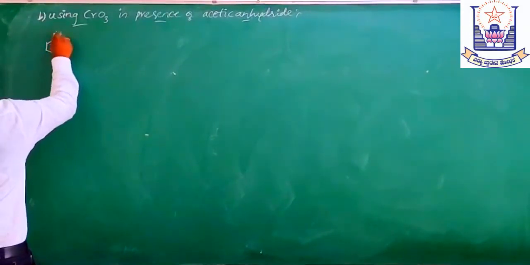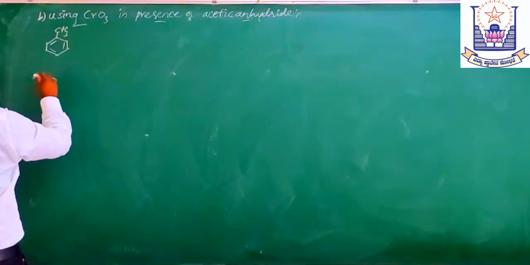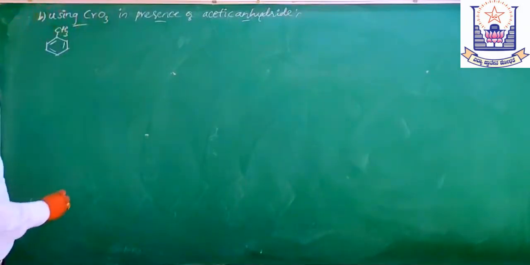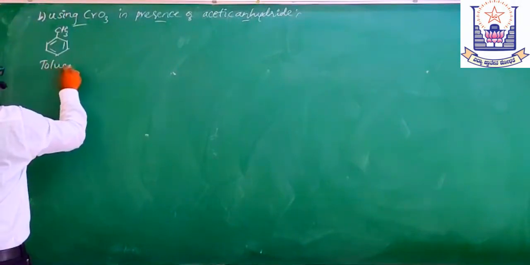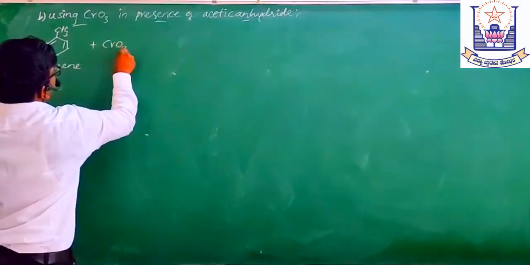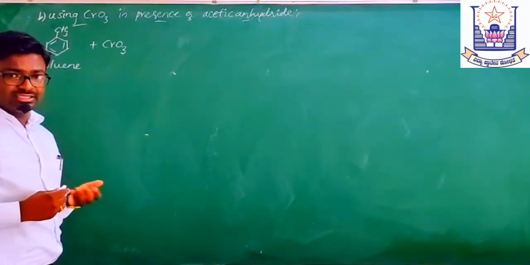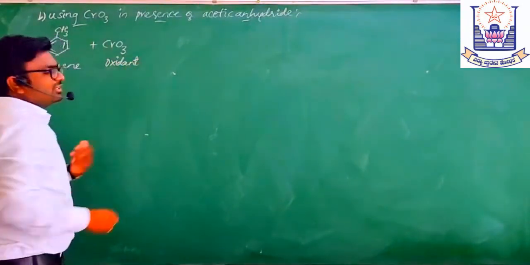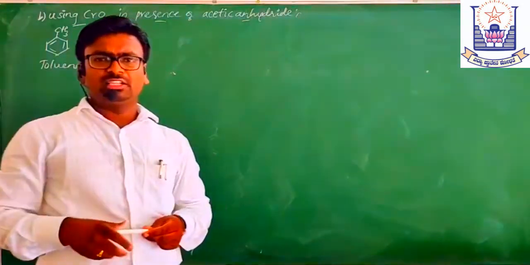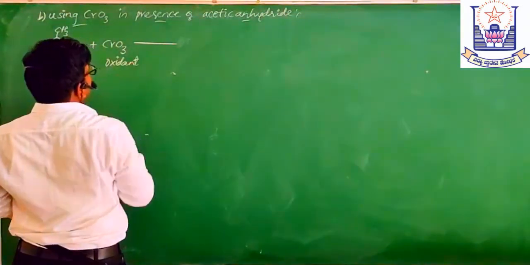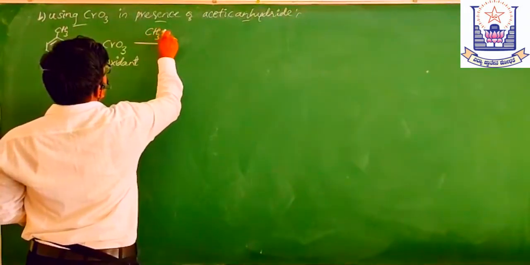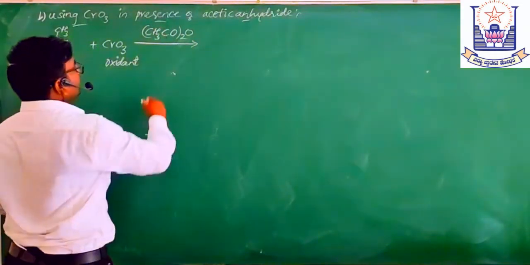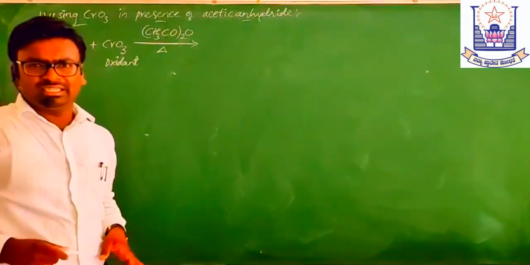Here only the carbon of the open chain will be oxidized to aldehyde. When toluene is treated with CrO3, that is the oxidizing agent. In the previous case also, the chromyl chloride gas is the oxidizing agent. In the presence of acetic anhydride, that is (CH3CO)2O, and some 10 degrees Celsius temperature is required.